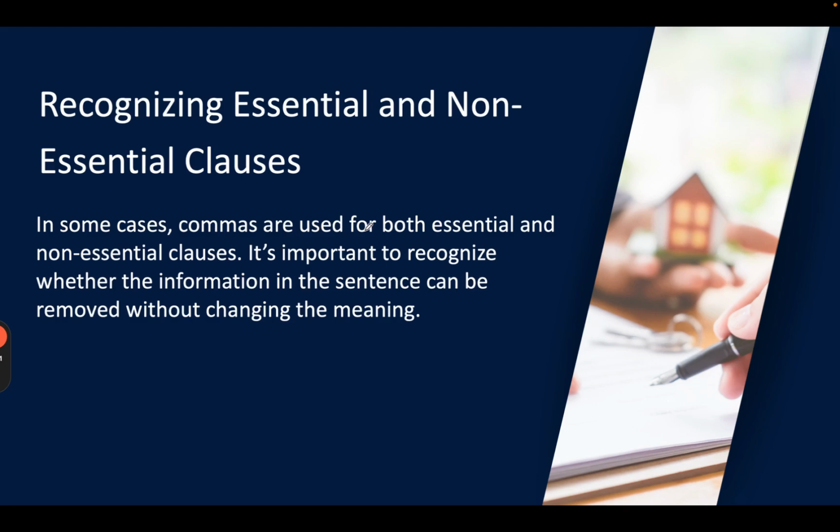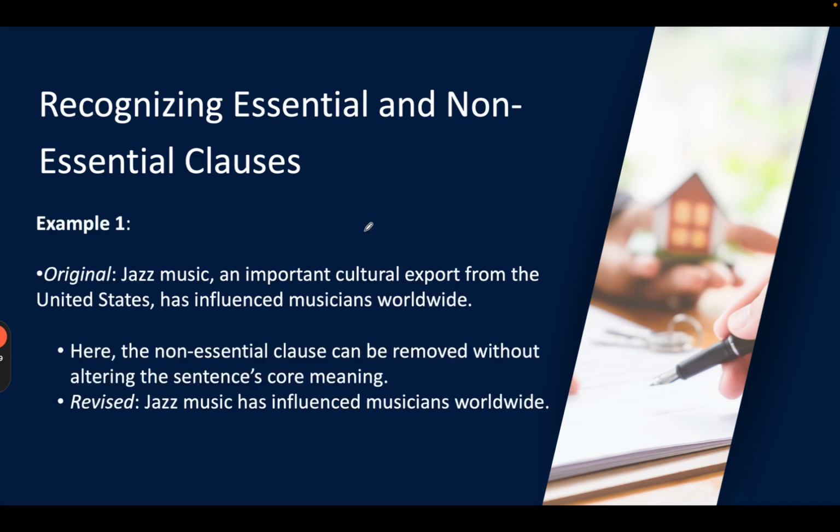Now, recognizing essential and non-essential clauses. We did talk about non-essential clauses till now, but now we are going to see something about the essential clauses as well. Now, look at this example. Jazz music, an important cultural export from the US, has influenced musicians worldwide. There is a comma here, and there's another comma here.